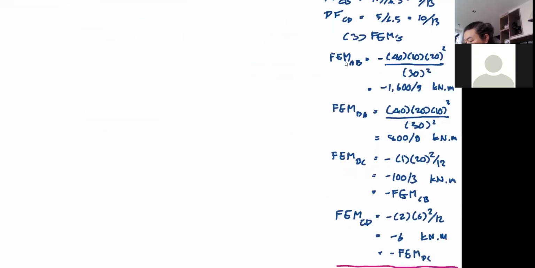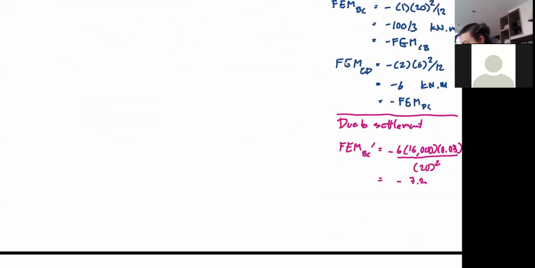So for CD prime, this is going to be 1600 multiplied by 0.03 divided by 6 squared. I've got the unit, kilonewton meter. Here it is 80 kilonewton meter.